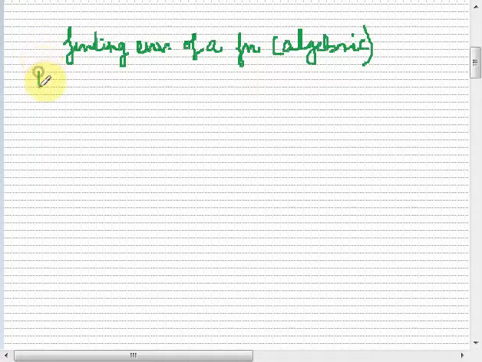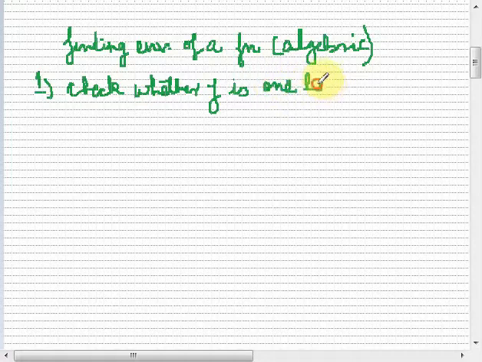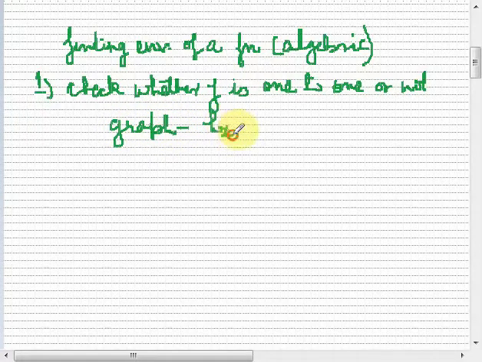First step is to check whether f is 1 to 1 or not. How to check? We draw a graph. If we draw a graph, then we use the horizontal line test.